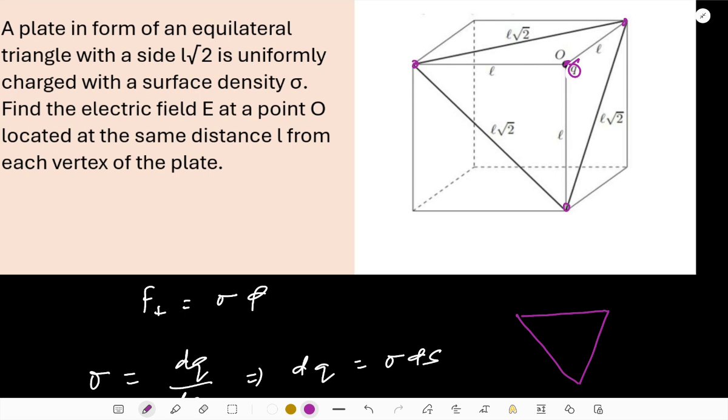There are 8 triangular plates like this in these 8 touching cubes, and so this is 1 by 8 of the total flux q by epsilon naught.